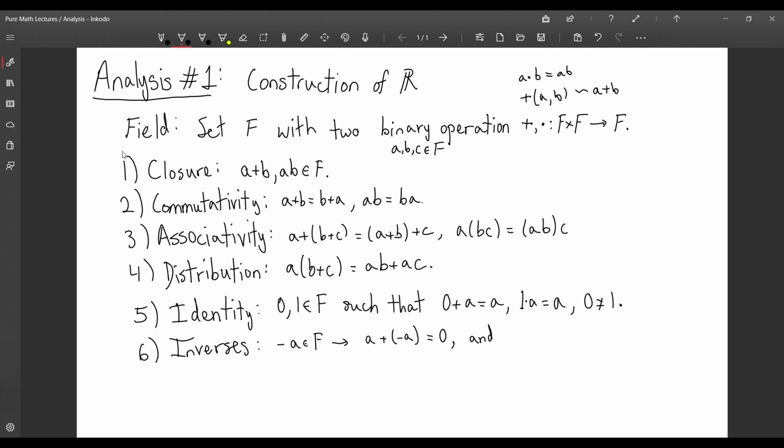And if a is not equal to the 0 element, then we have an inverse of a, which means that a times a inverse is equal to 1. You can also prove that inverses are unique.